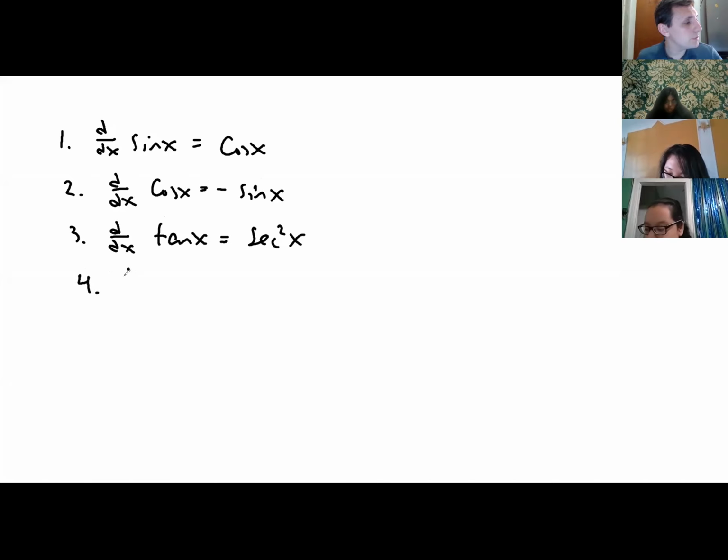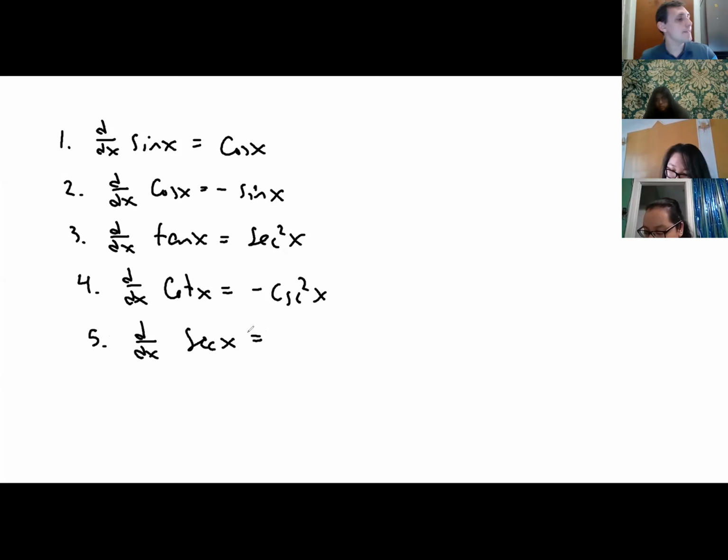Then fourth, the derivative of cotangent x is minus cosecant squared x. Then fifth, the derivative of secant x is secant x tangent x.